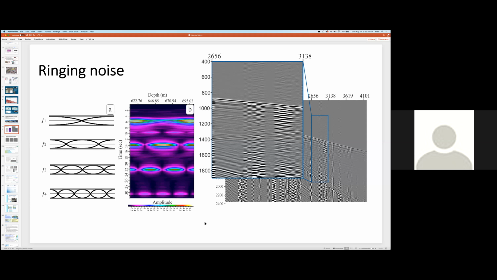And then if you correlate these types of signals with the standard sweep signal, we will get the plot shown on the right, this exact pattern. Next slide, please.